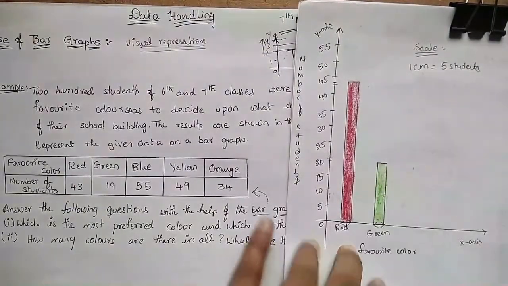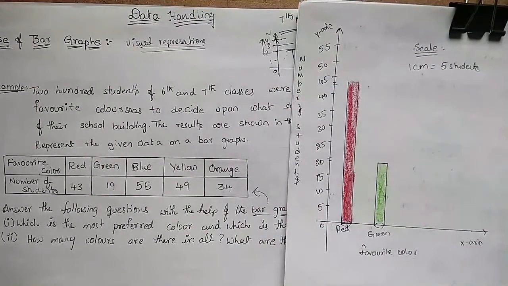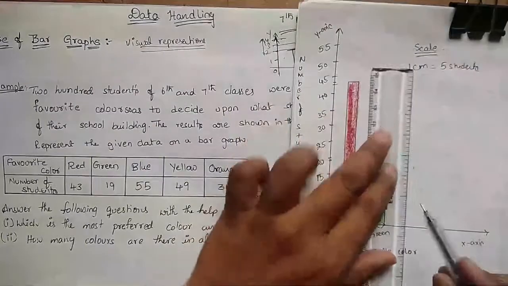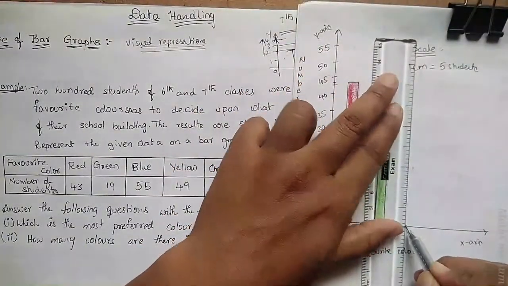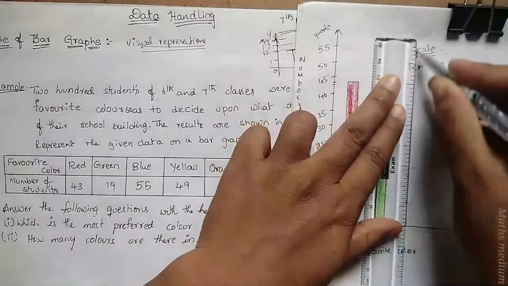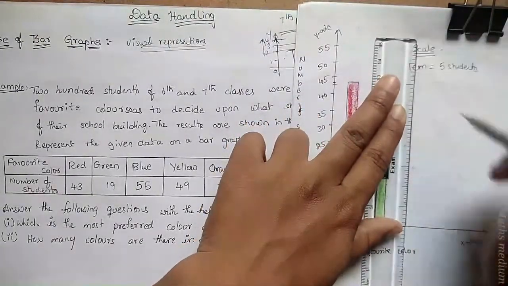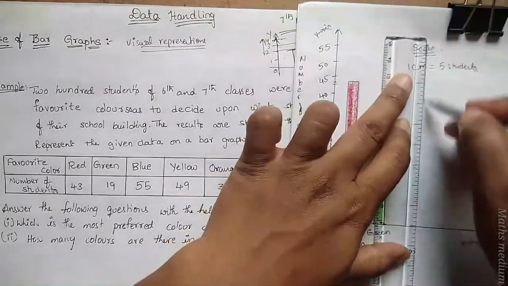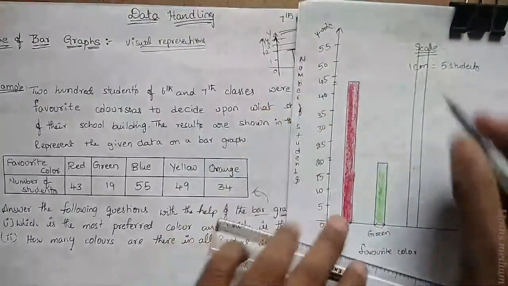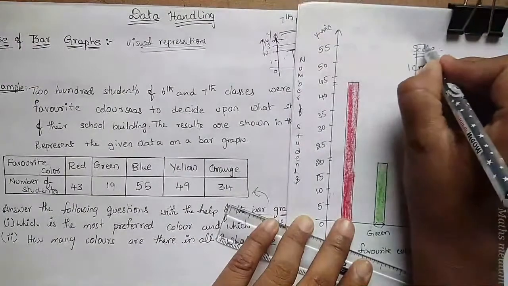Next, coming to the blue. Third one, 55. Take the same distance, and 55 is here. Sorry, I am getting confused because the scale is also written here. So let's take the same width. How much are we taking? Both the red and green had an equal amount of width.